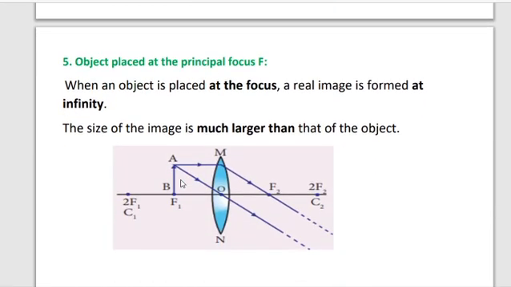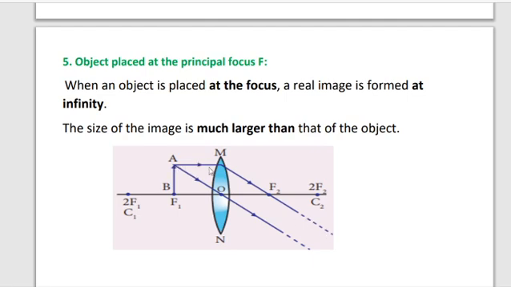Then you see case number 5. Object placed at the principal focus F. Here we place the object at F1, principal focus. Here the real image is formed at infinity. You compare the two lines, they are like parallel lines. Parallel lines never meet. So we get the image at infinity.